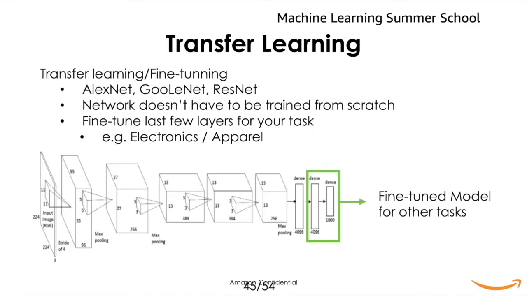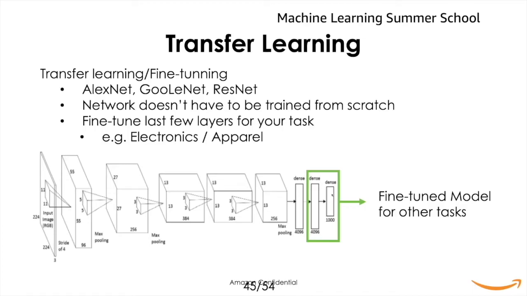The other more commonly used way is to take the weights of a trained network. A lot of trained networks are available, AlexNet, GoogleNet, ResNet. These networks are trained on large datasets, and these trained weights can directly be used in your network. So you initialize your network with these trained weights, and then just train the last few layers for your task.